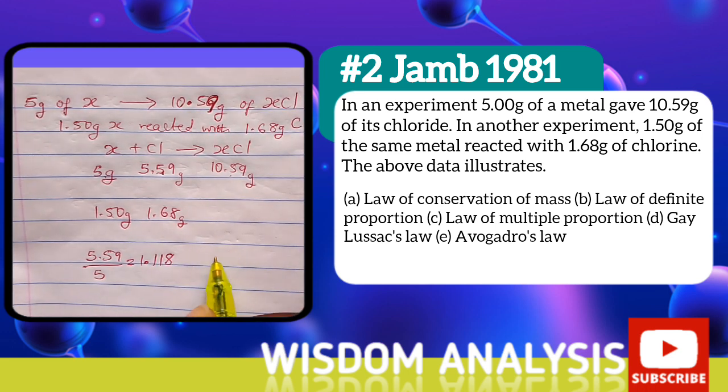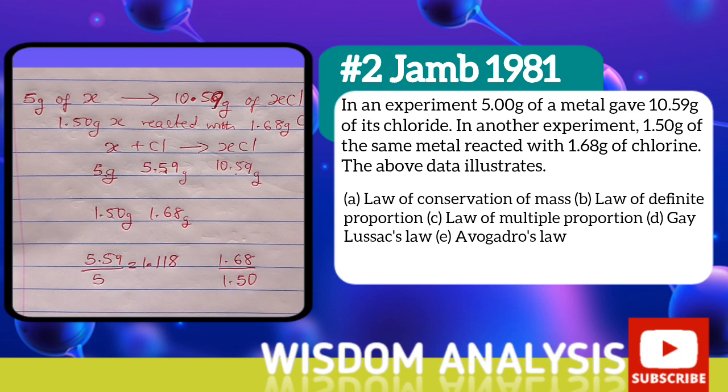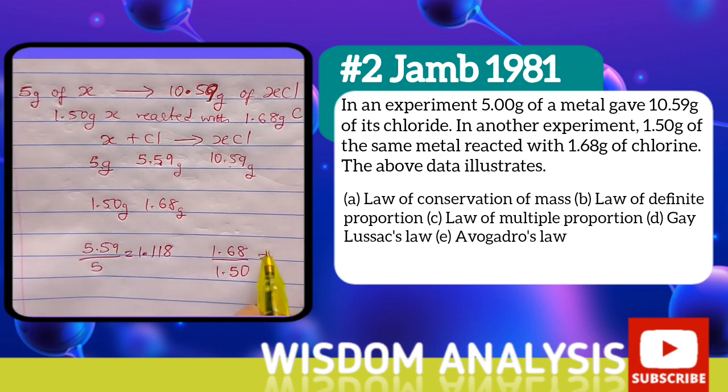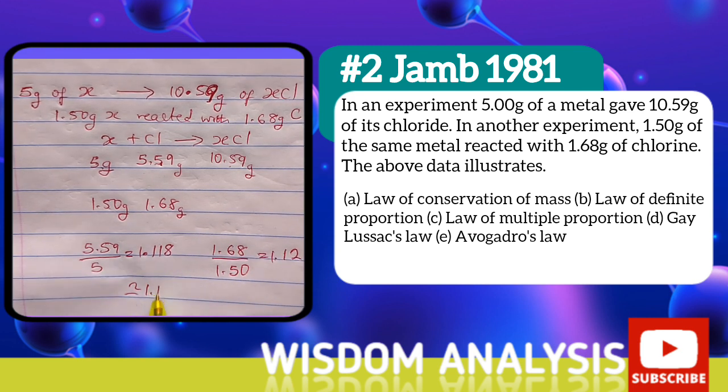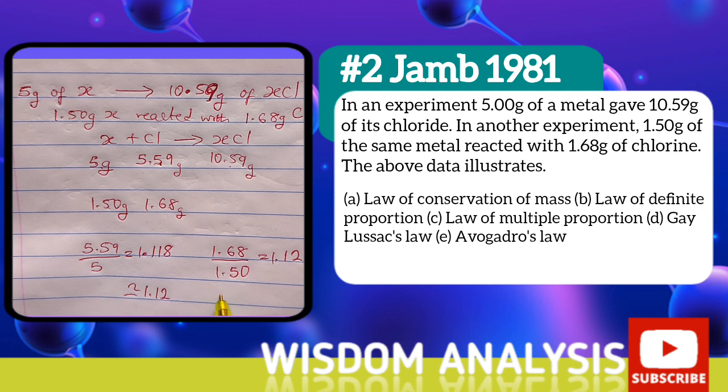Now in the second case, 1.68 divided by 1.50, we have 1.12. If I approximate the first case, we still have 1.12. So you can see that the ratios are the same. The ratio in which chlorine reacted with X is the same.